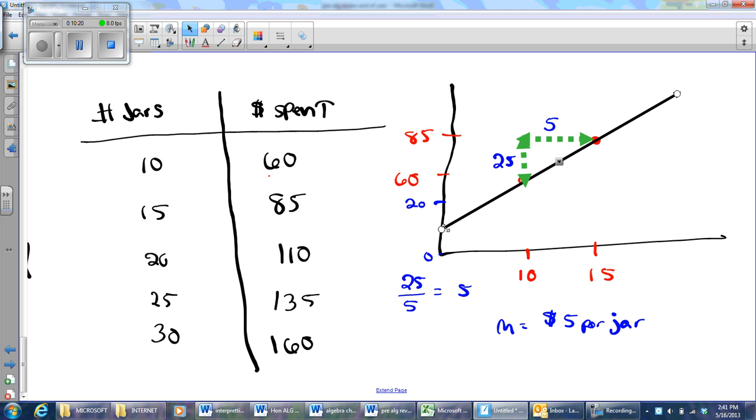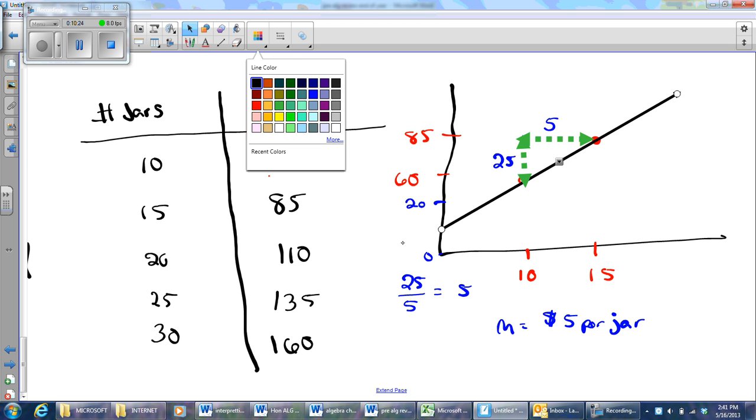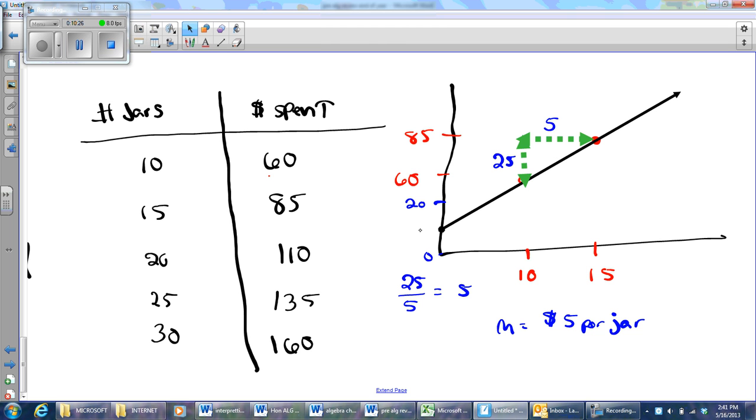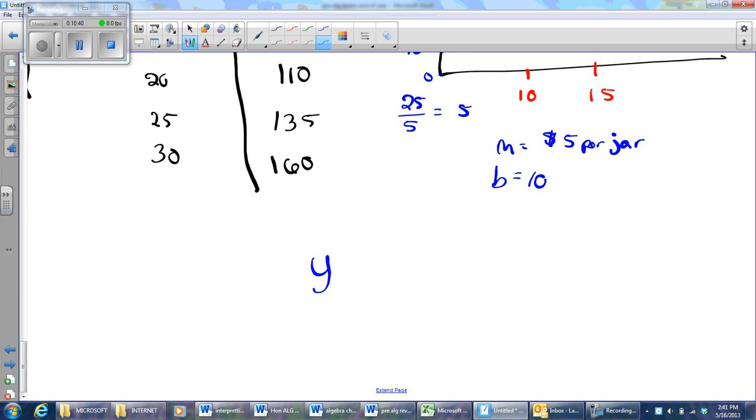Okay, something like that. And so I'm going to tell you right now, I want you to go ahead and assume that's 10. So that means my y-intercept is 10. All right, so I know my equation. My equation is going to be y equals 5x plus 10.